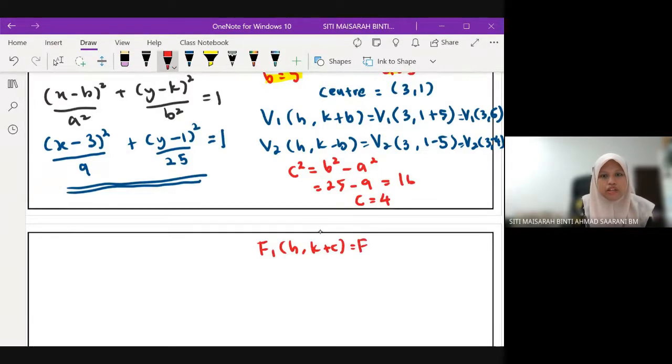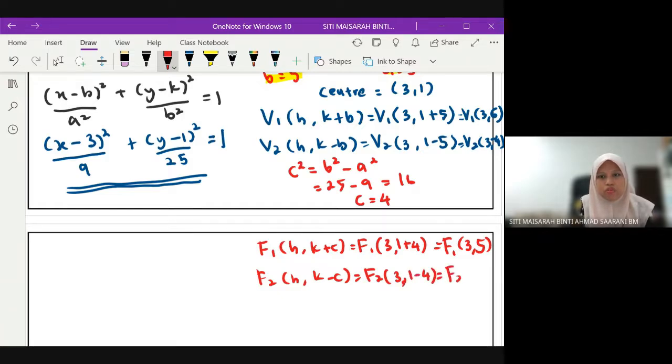So F1, h is 3, 1 plus 4. So we get F1 is (3, 5). Lepas tu F2, (h, k minus c). So F2 is 3, 1 minus 4. So this is F2 (3, negative 3).